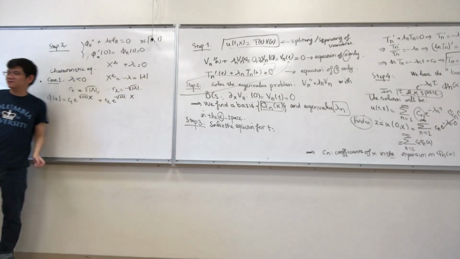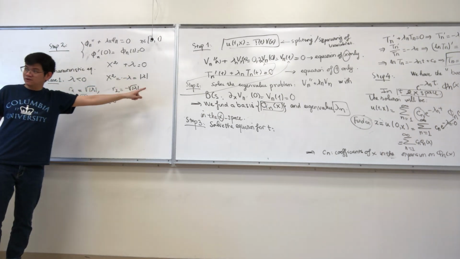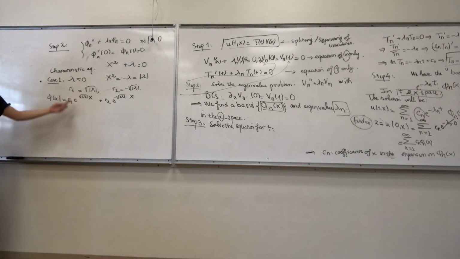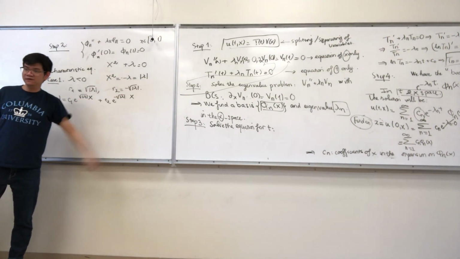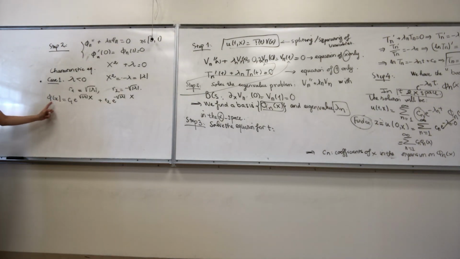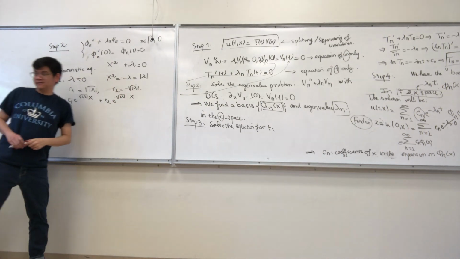So in the first case, lambda is negative, so r squared will be the absolute value of lambda. The first root will be the square root of lambda, the second root will be minus the square root of lambda. The solution will be a linear combination of exponential of square root of lambda x and exponential of minus square root of lambda x.